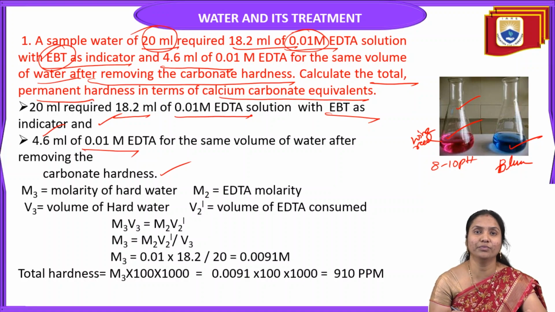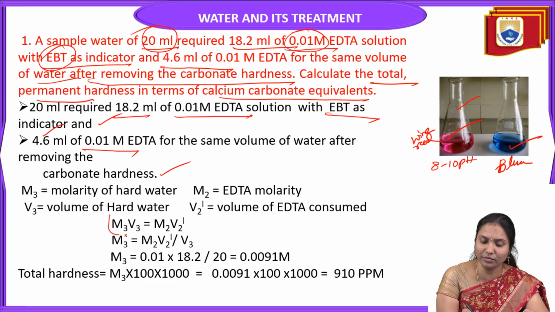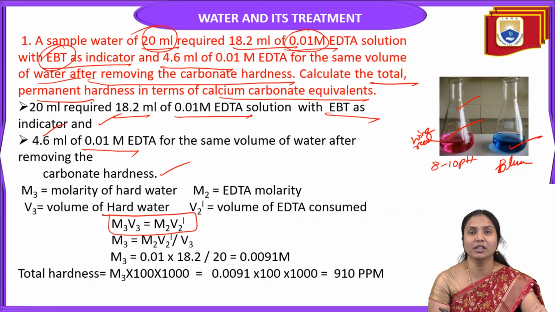Now we can calculate the molarity of the given hard water. What is the formula we are using here? M2V2 equals M3V3.